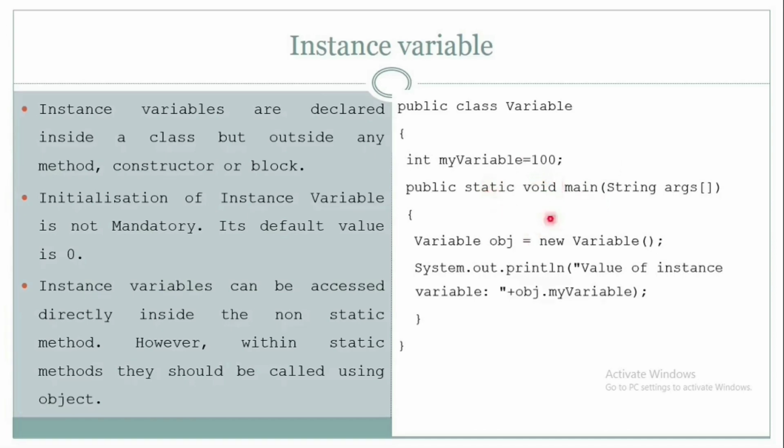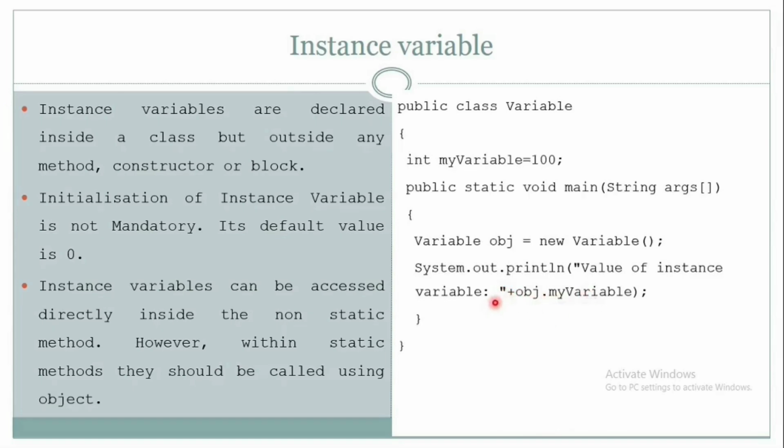So how can I access this instance variable in the main method? I need to create an object. As you can see here, within the static methods, they should be called using an object. So this instance variable can be accessed by a static method using an object. As you can see here, I used an object to display the value of my variable, object dot my variable.